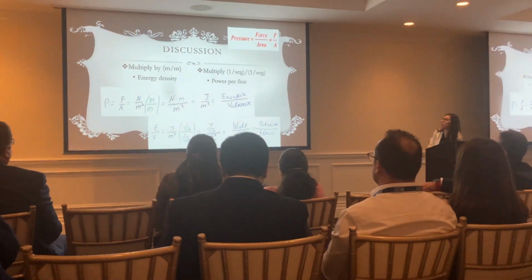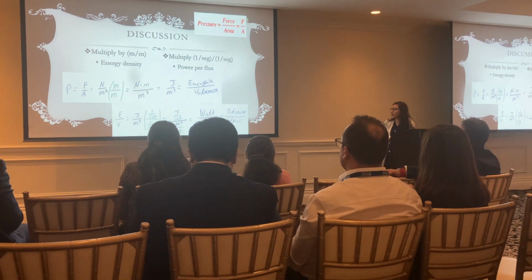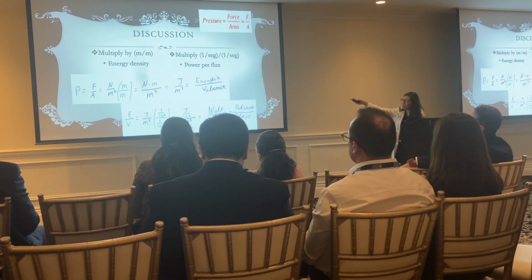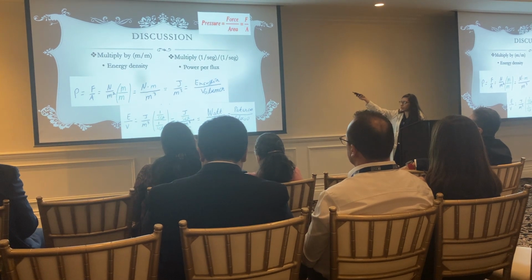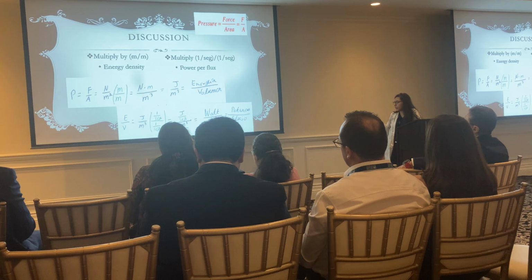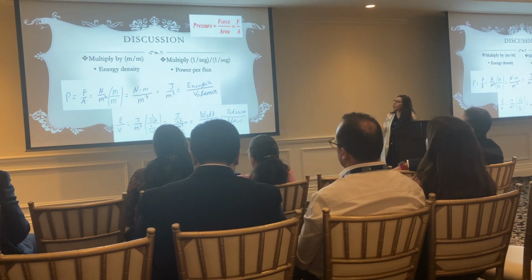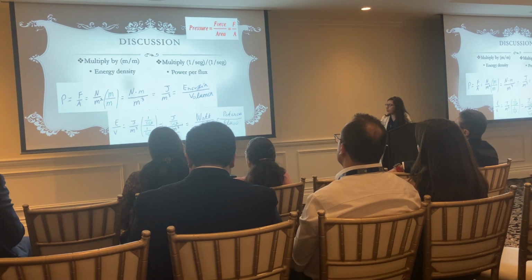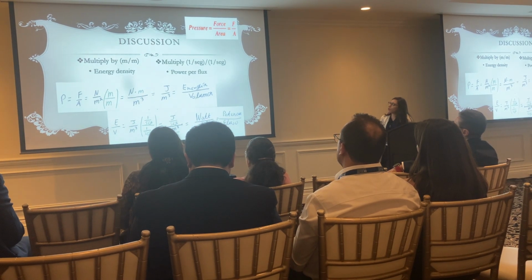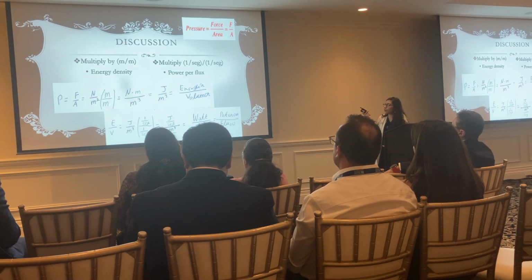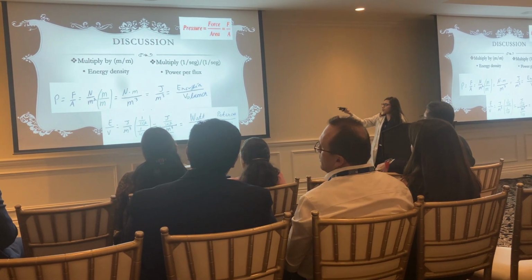Now, how can we say this in a more elegant way? We have pressure, that is force divided by area. Units of force are Newtons, units of area are square meters or square centimeters, whatever. But if we multiply it by a convenient one, something divided by itself, here we use meter divided by meter, we have Newton times meter, which is the joule, the unit of energy, and square meter times meter is cubic meter.